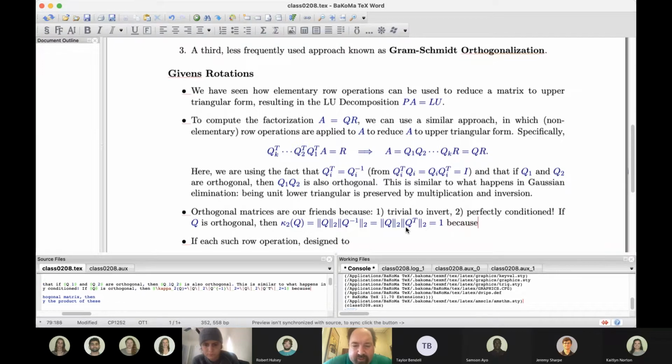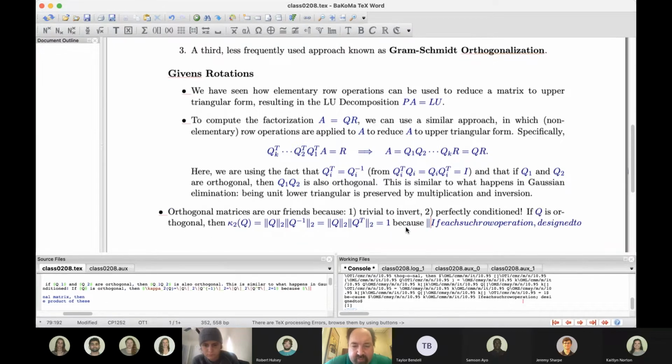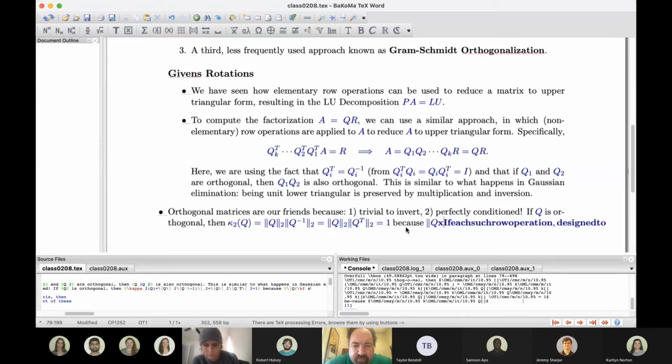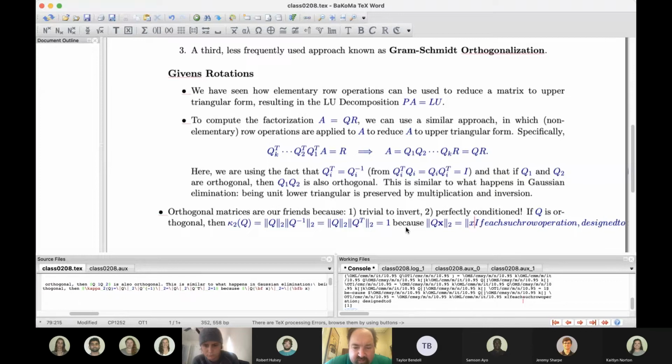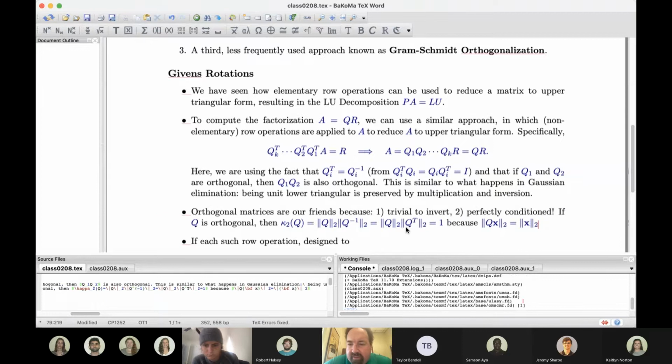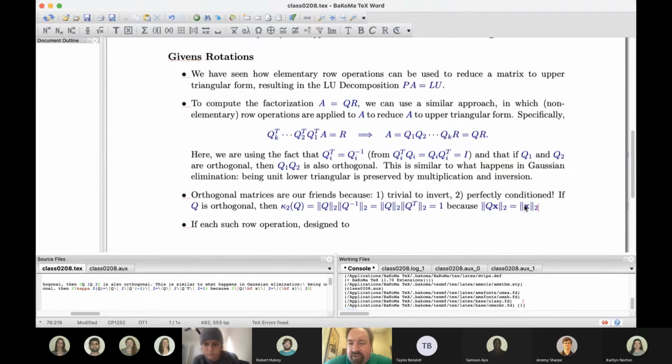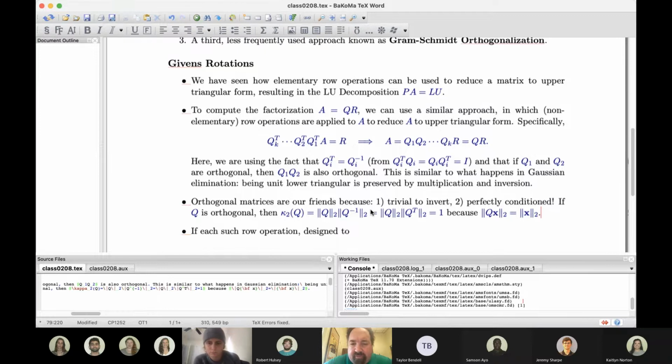And that's because in the 2 norm, there's a property I showed you of orthogonal matrices earlier that we used for the least squares problem. If you take any vector x and multiply by an orthogonal matrix, its 2 norm doesn't change. So that's why the 2 norm of an orthogonal matrix is always 1. Therefore, its condition number is 1, and that's the smallest condition number you can have.